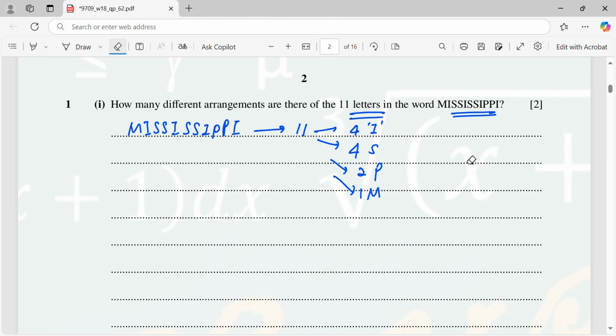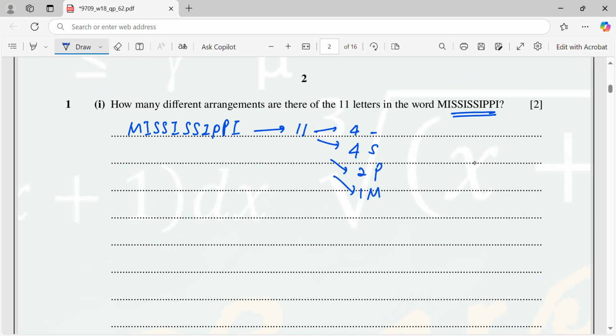Okay, then from here, I will say that to arrange this, because the question doesn't mention just arrange how many letters, means that you have to arrange all of these letters. So to arrange all of the letters, number of arrangements is going to be using the factorial method, which is 11 factorial over 4 factorial for the 4 I's, then 4 S's, so multiply with 4 factorial for the S, and 2 P's, therefore 2 factorial.